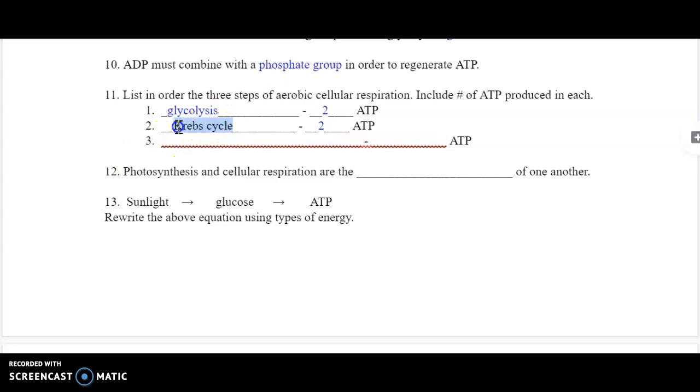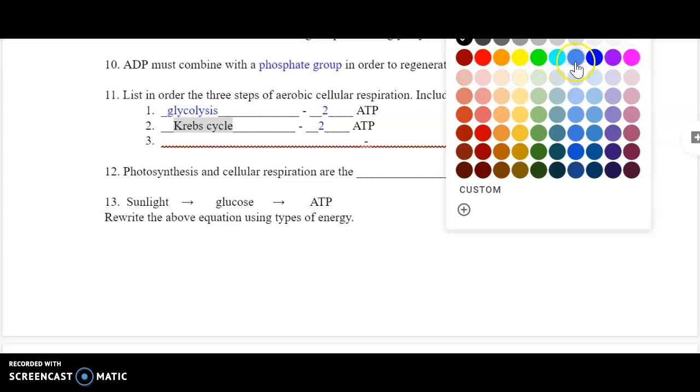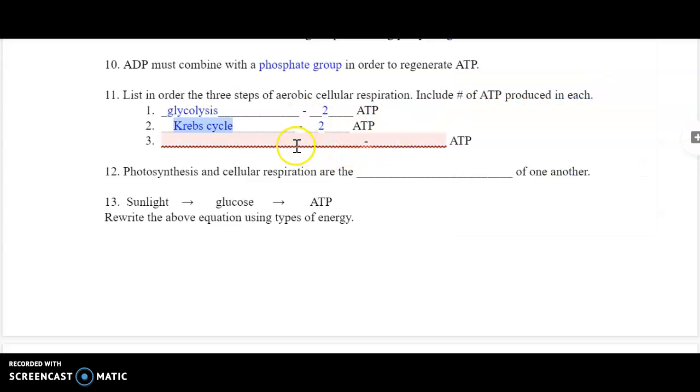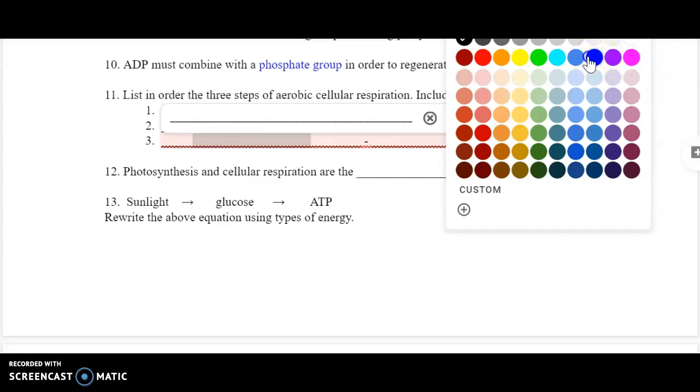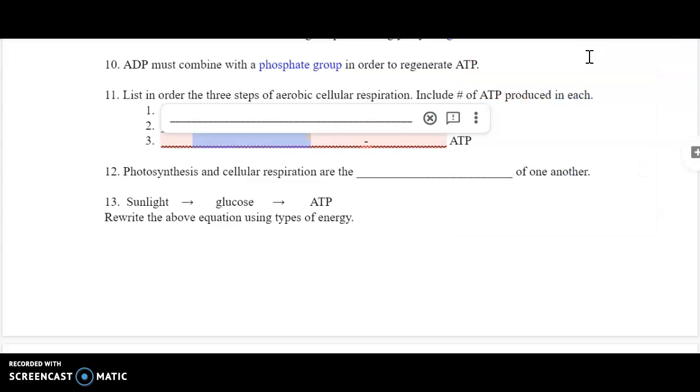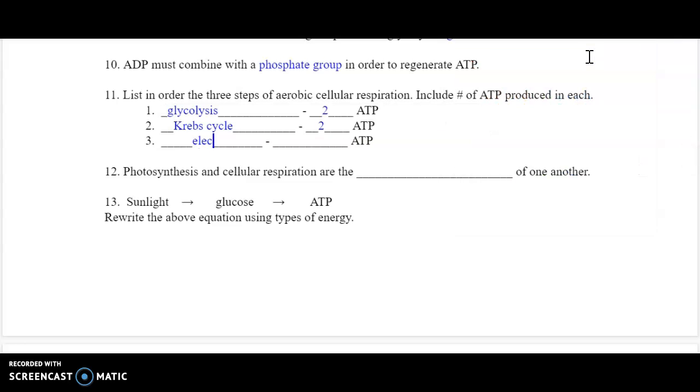And then our final step was the biggie for ATP production. That final step was the electron transport chain. The electron transport chain is going to give the majority of the ATP, and it's going to give about 34 ATP at that point. This is where hydrogen is going to link up with those oxygens, carrying those high energy electrons.